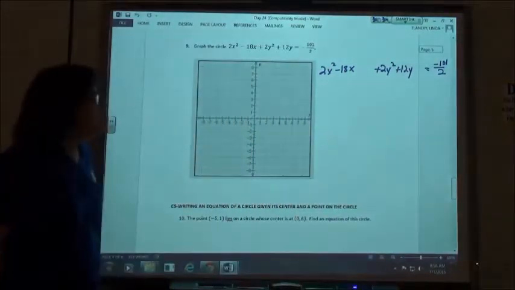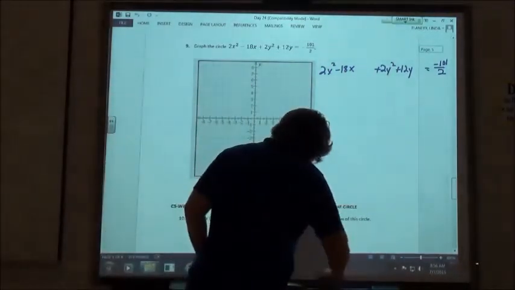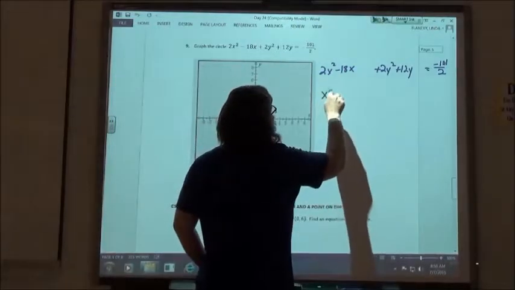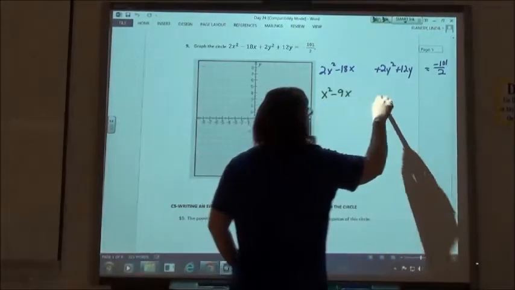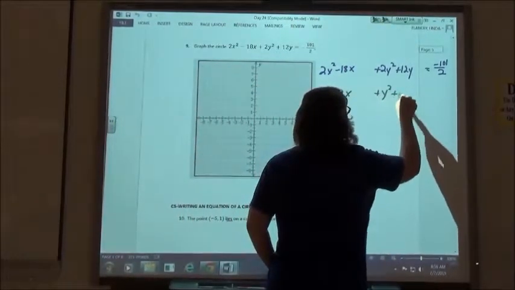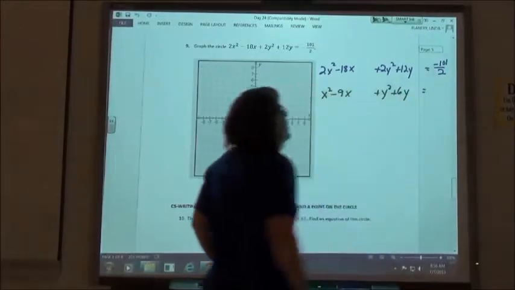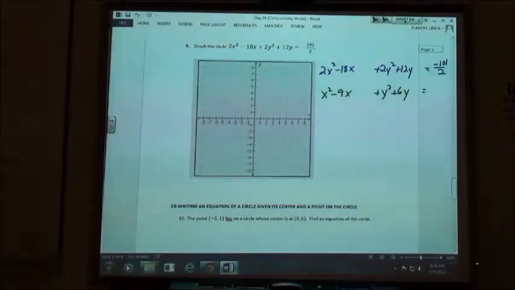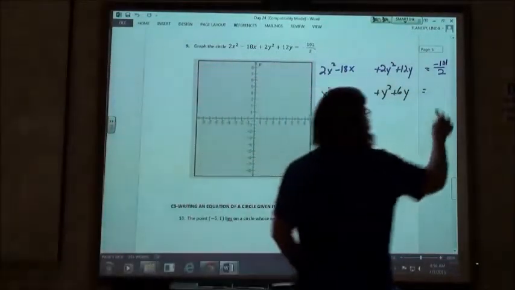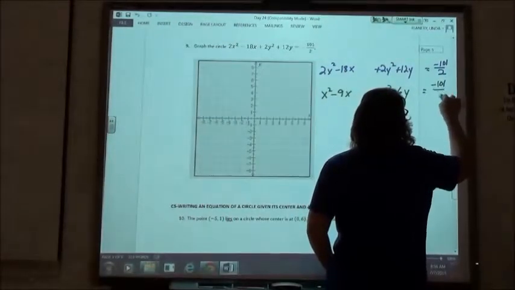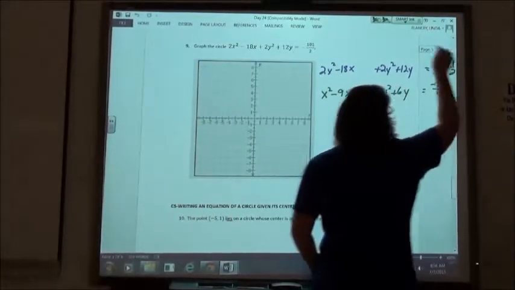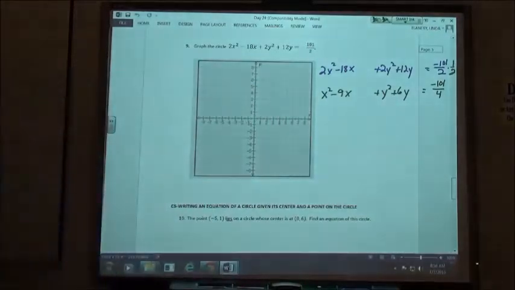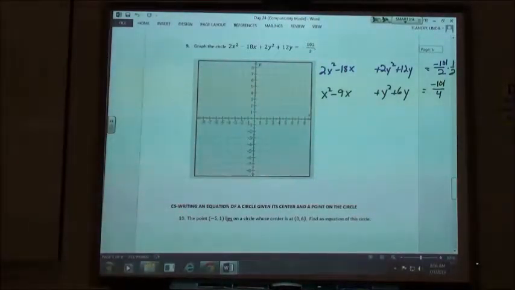So when I divide everything by 2, I would get x squared minus 9x plus y squared plus 6y. And when you take a negative 101 over 2 divided by 2, it's like multiplying by a half, right? So you get negative 101 over 4. Dividing by 2 is multiplying by a half, so I just end up multiplying my denominator by 2. So negative 101 over 4.